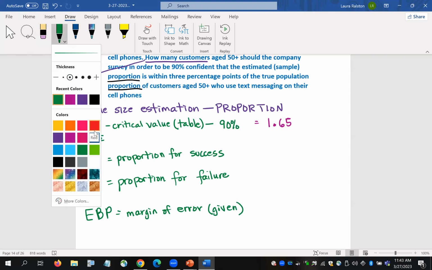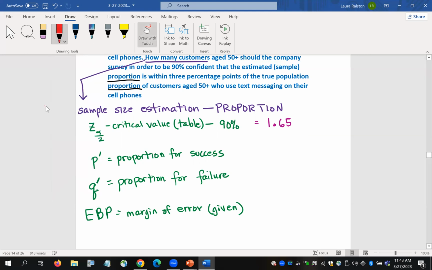So if I go back up here and I look, it says is within 3 percentage points. Okay, but guys, be careful. That's 3%. My percent as a decimal would be 0.03.